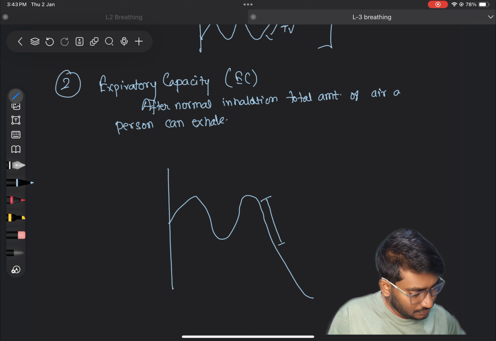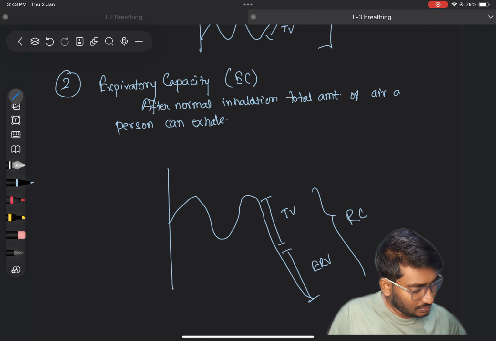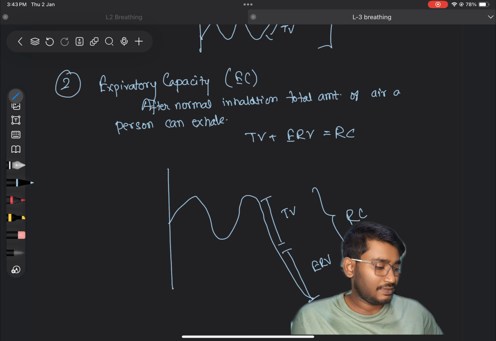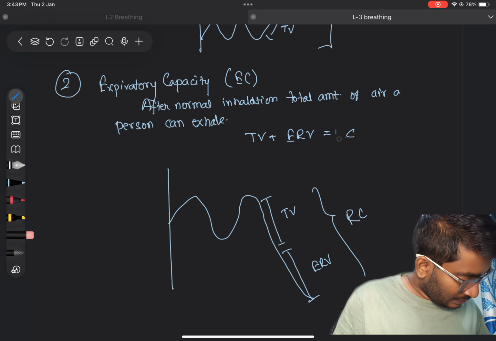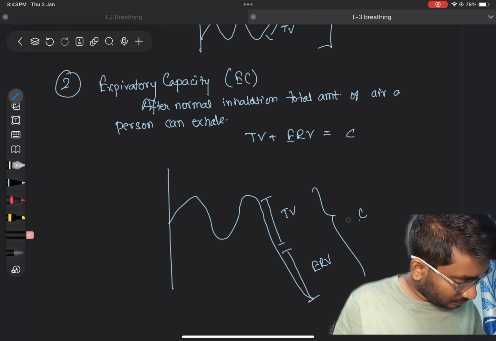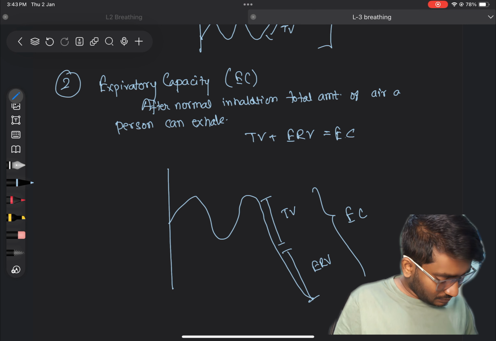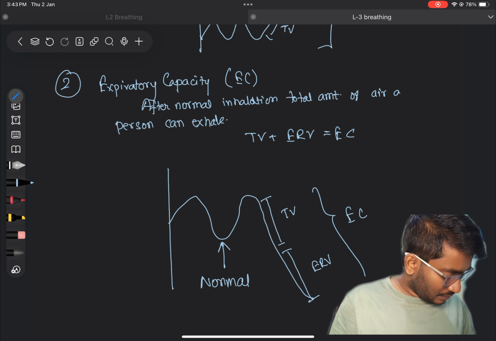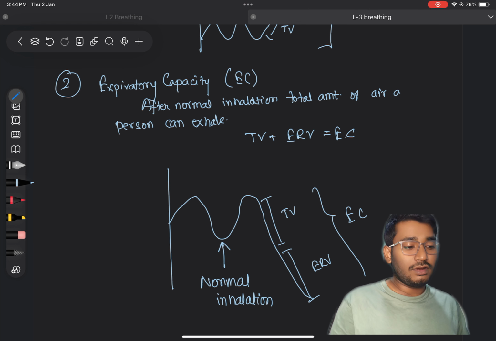This is the tidal volume and this is the expiratory reserve volume. Both together make up the expiratory capacity. So TV plus ERV equals expiratory capacity. Okay, this is normal inhalation.